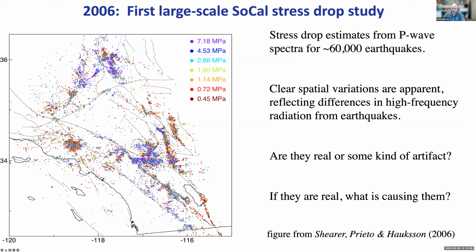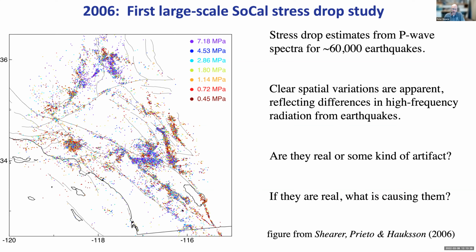So one question you might have is, is this a real source effect, or is it some kind of an artifact? In other words, maybe we're not doing the Q corrections right. The corrections for attenuation.